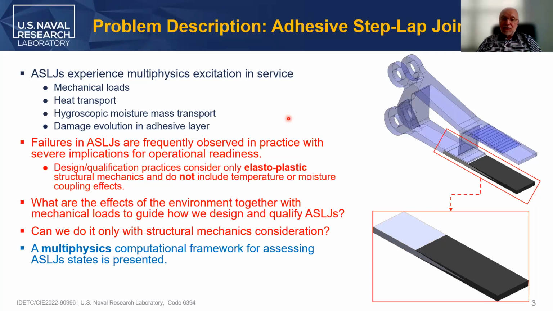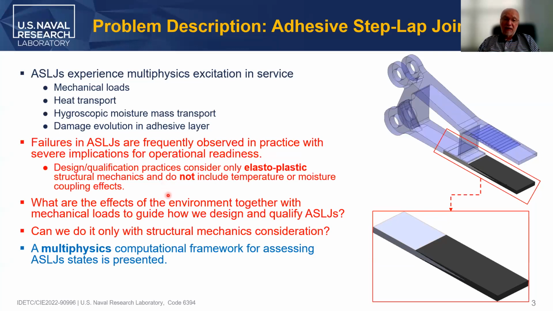It turns out, we've been asked to investigate what's going on, and we found, to our surprise, that the design and qualification practices consider only elastoplastic structural mechanics and do not include any multiphysics stimuli like temperature and moisture coupling. The question now is, could the fact that we ignore those things have an effect?